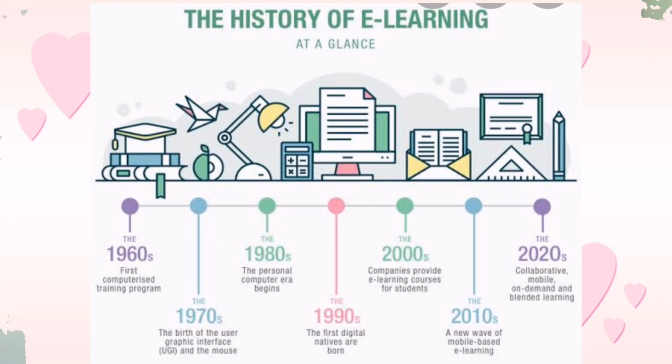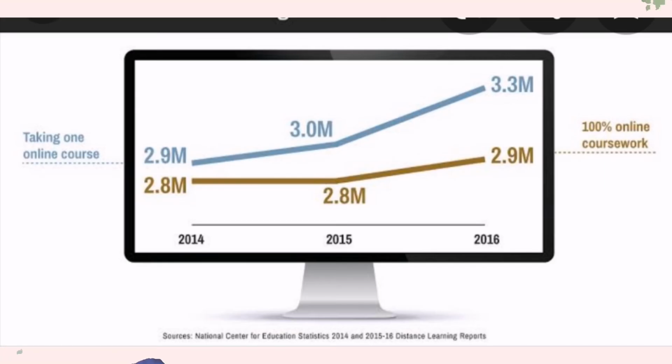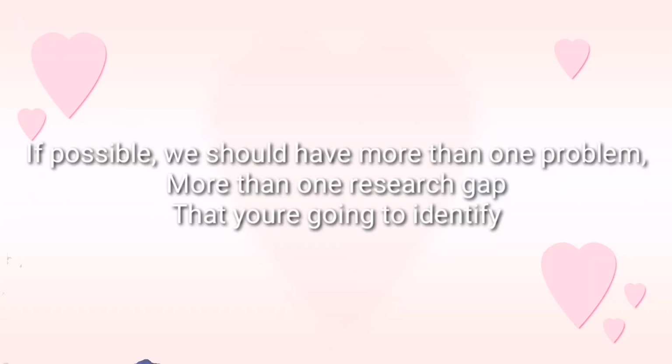For example, perhaps most researchers have used a particular way of analyzing the data, but they ignored other ways in which that data could be analyzed, and another statistical analysis potentially could have given different results. If possible, we should have more than one problem, more than one research gap that you're going to identify.